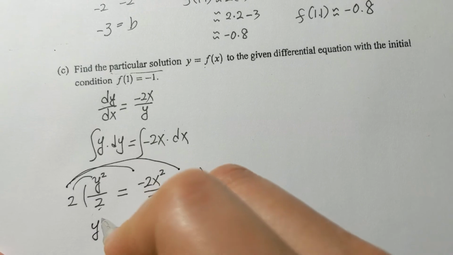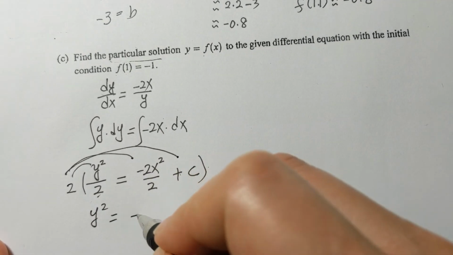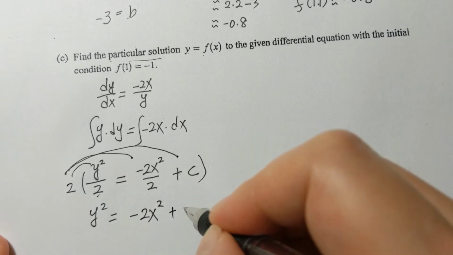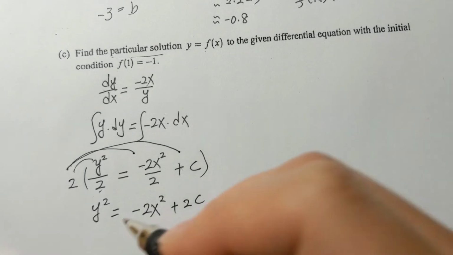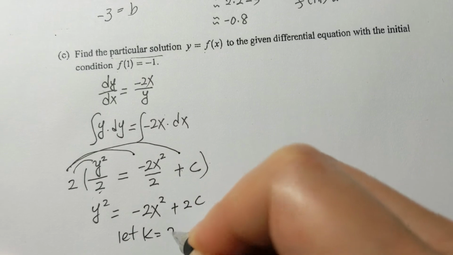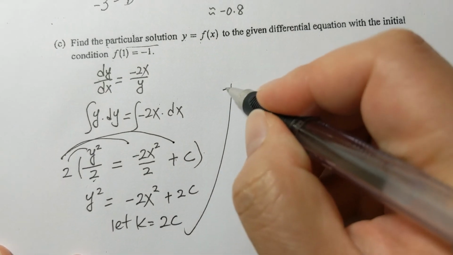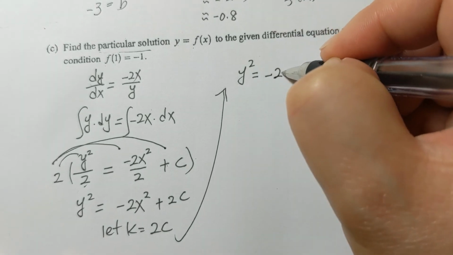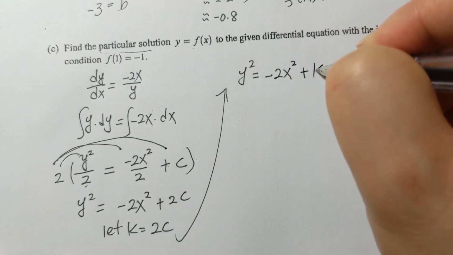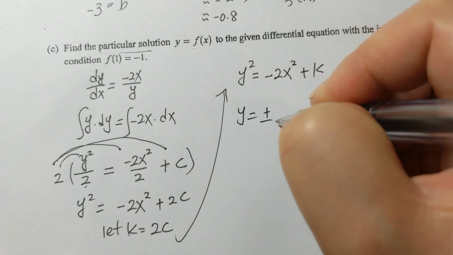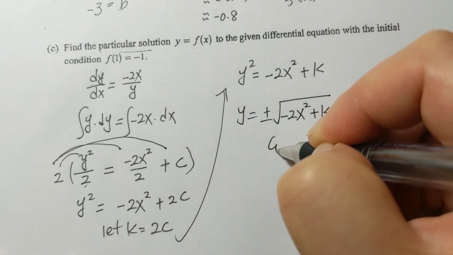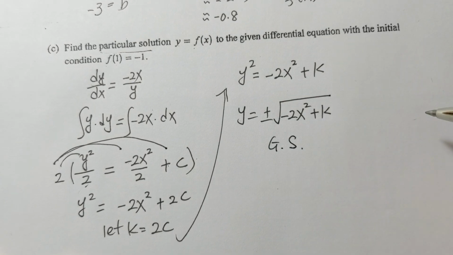So we got y squared equals negative 2x squared plus 2c. And we're going to let k equal 2c. So we got y squared equals negative 2x squared plus k, and y equals plus or minus the square root of negative 2x squared plus k. This will be the general solution.